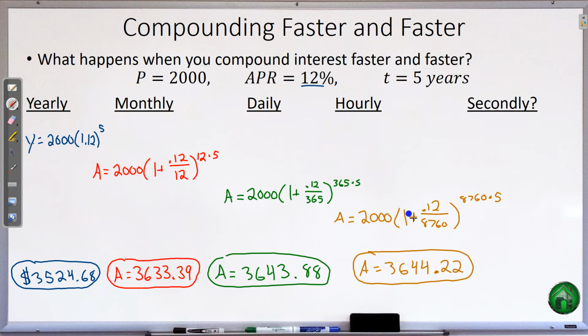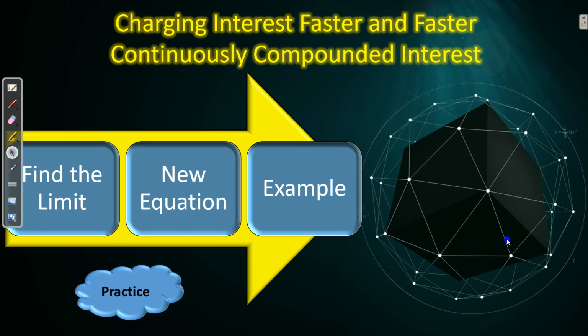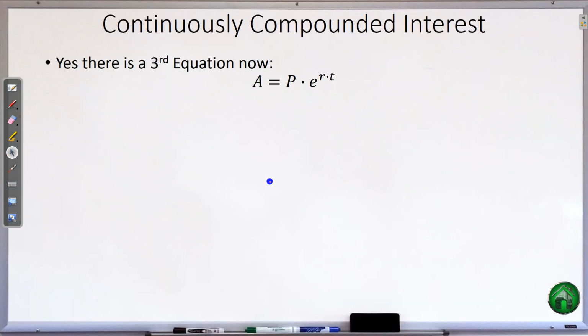And so we do go past that to what we call infinitely compounded interest, or continuously compounded interest, which is an infinite amount of interest. And yes, it gets more expensive, but there is a limit. And for that limiting value, we have a new equation. This will give you the most possible amount of money you would get from compounding interest more and more frequently.